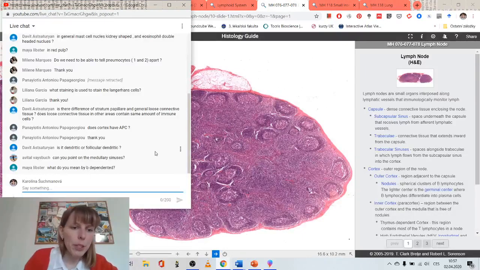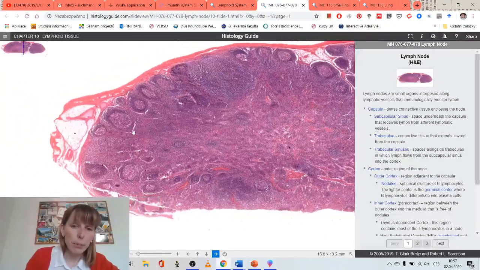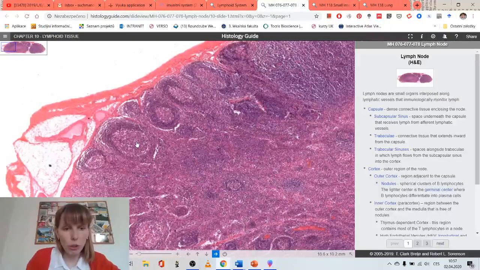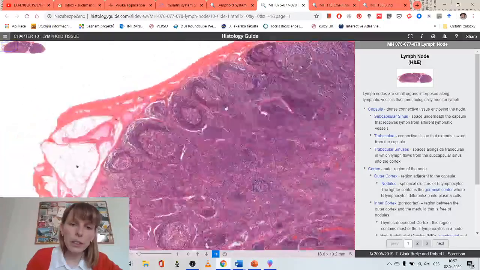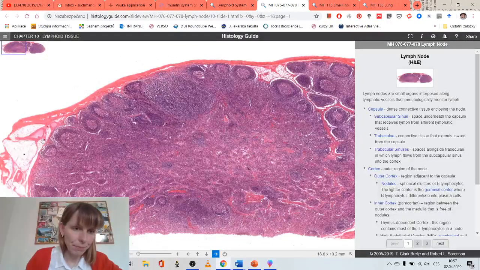Okay, what do I mean by B dependent? The areas which contain B lymphocytes are called B dependent, and the areas which contain T lymphocytes are called T dependent. B lymphocytes migrate from the bone marrow into these follicles in the cortex. T lymphocytes are located in the paracortex. So you can recognize that this is a lymph node because it has a capsule.